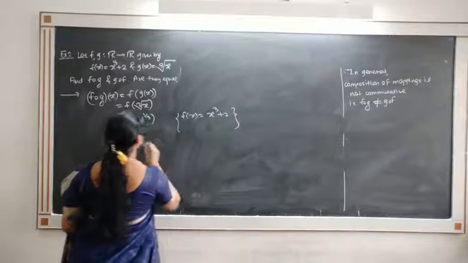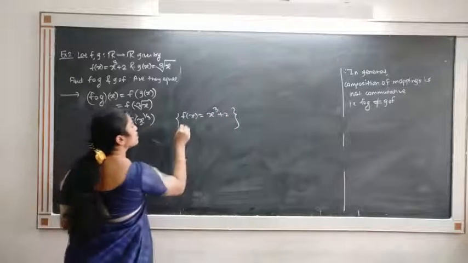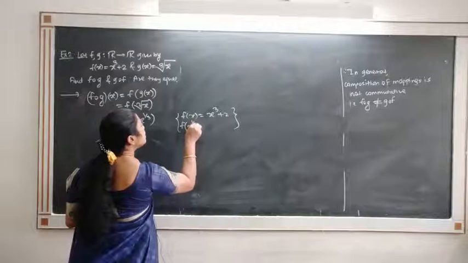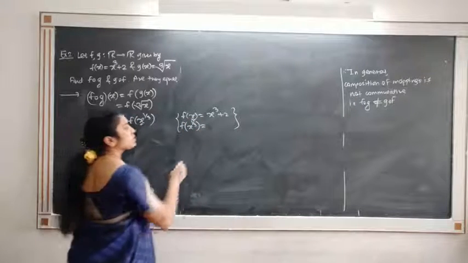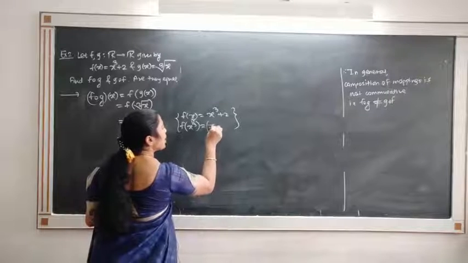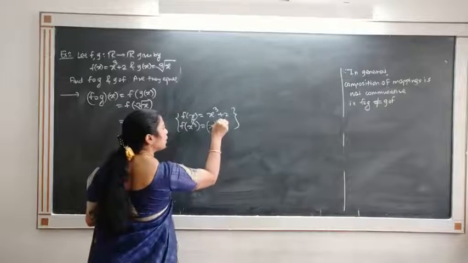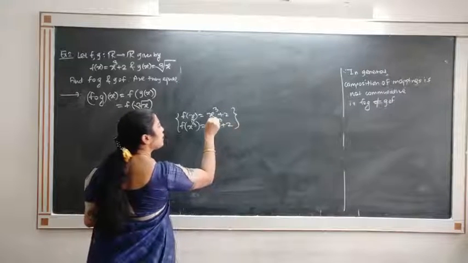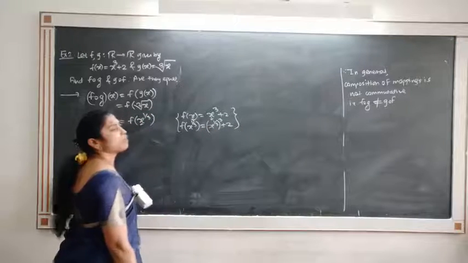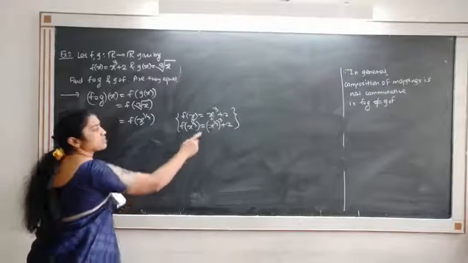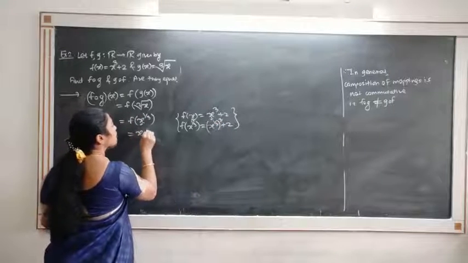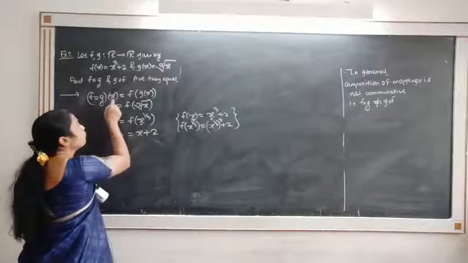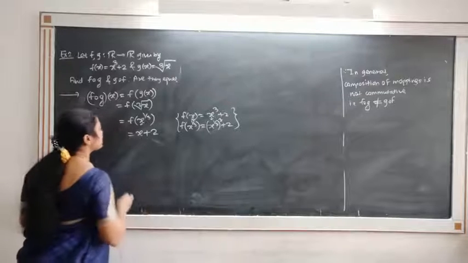So everywhere you have to replace x by x raised to 1 by 3. It is (x raised to 1 by 3) whole cube plus 2. We are replacing x by x raised to 1 by 3 everywhere. x raised to 1 by 3 whole cubed gets cancelled. It comes to be x plus 2. So f composite g of x comes to be x plus 2.